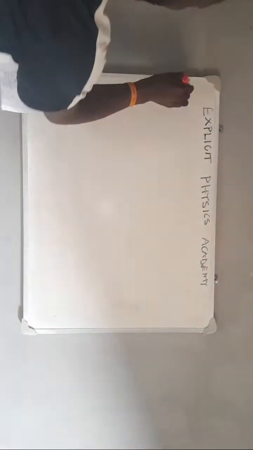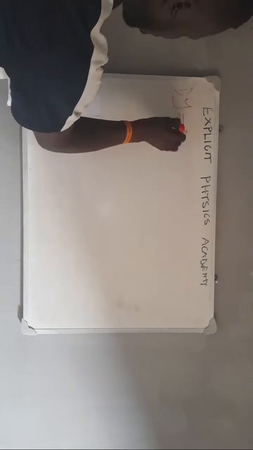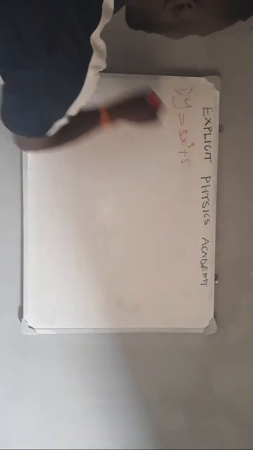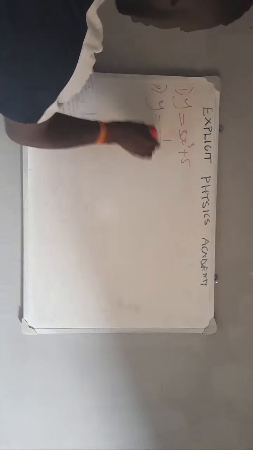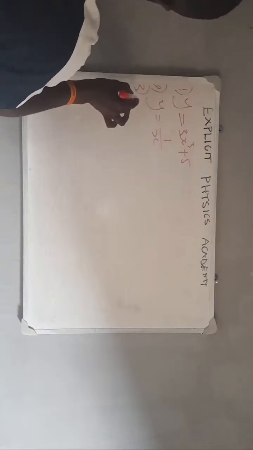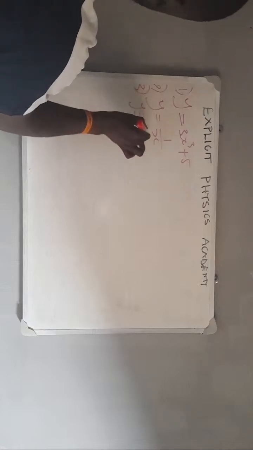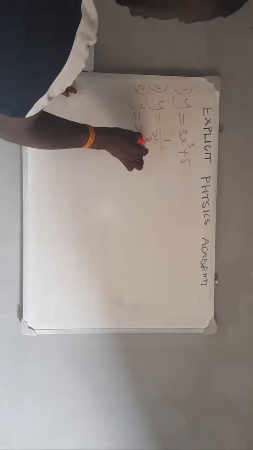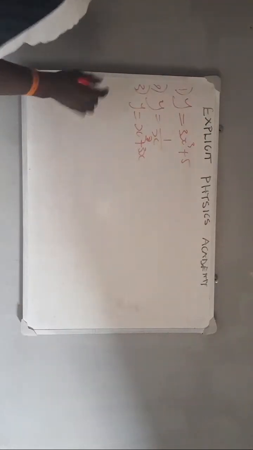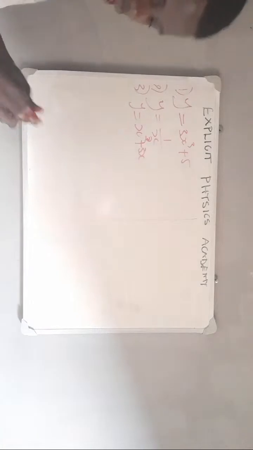Okay, let me check those examples. I'm going to solve those examples again using this trick. The first one we had was y is equal to 3x cubed plus 5. The second one we had was y equal to this, and the third one was y equal to x squared plus 3x. This is what we are given. So how do we use this short trick I explained a couple of minutes ago?